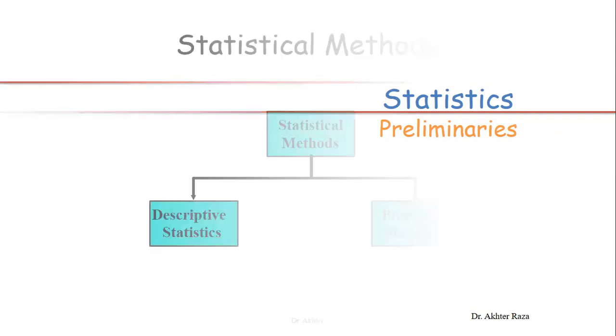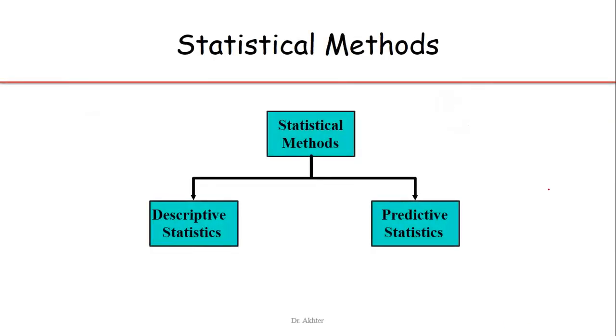Firstly, we are going to start by discriminating the predictive statistics and descriptive statistics. In short, descriptive statistics is comprised upon a statement of research, or the problem has to be defined, which is the first step in descriptive statistics.